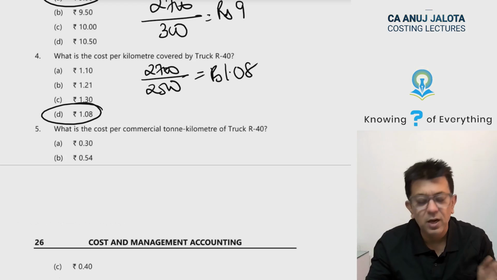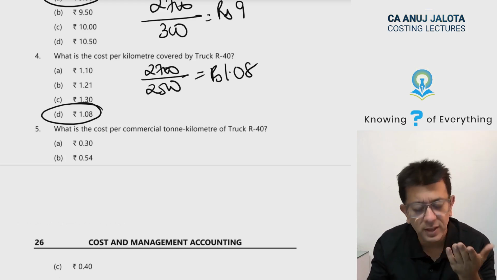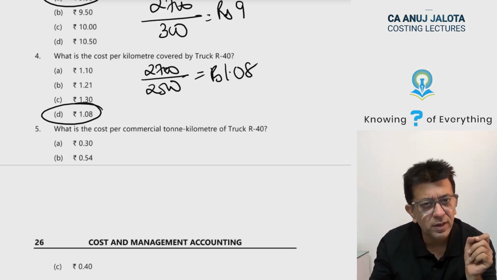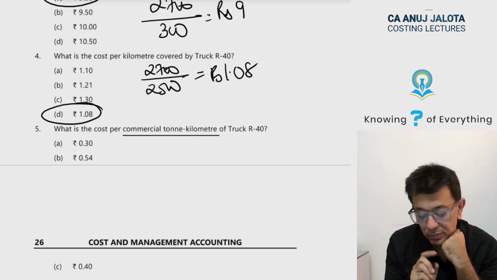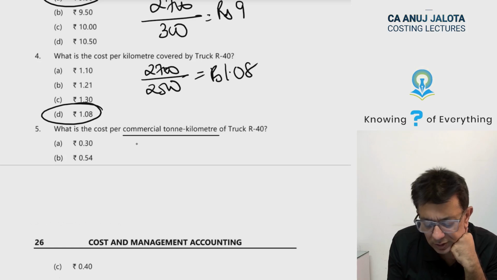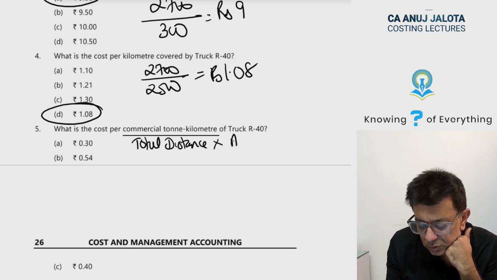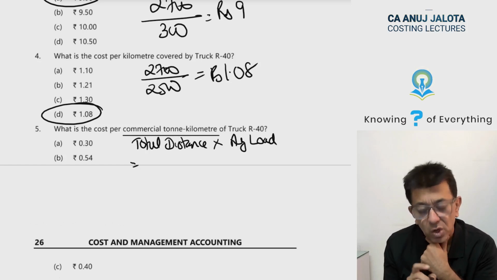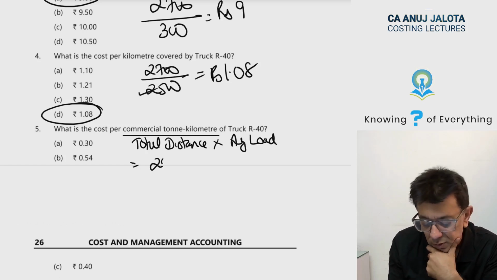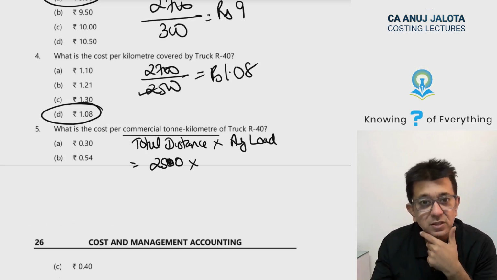Further, what is the cost per commercial ton kilometer of truck R40? Only for this did I give you all those things. What do you mean by absolute ton kilometer? But over here what is required is commercial ton kilometers. How do you compute commercial ton kilometers? It is nothing but total distance into average load. The total distance we had over here also is 2500.